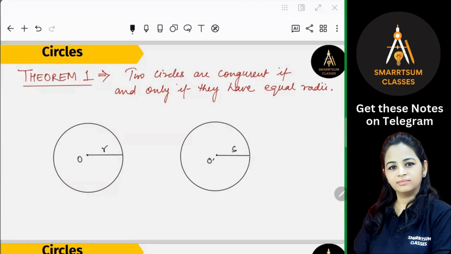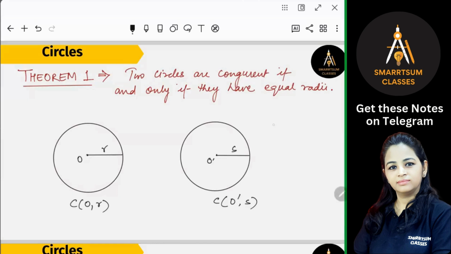So congruency of circles is your first theorem in this chapter, which I already explained: two circles are congruent if and only if they have equal radii. If they have equal radii, then we say that the two circles are congruent. So here are the two circles C(O, R) and C(O', S), right? These two circles will be congruent.